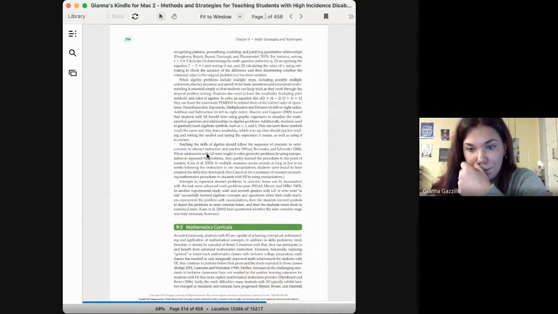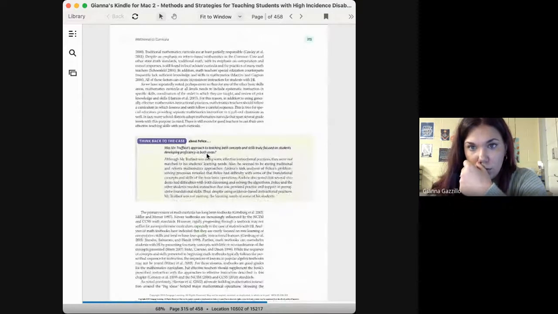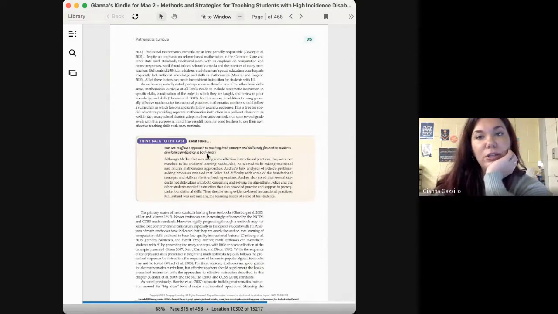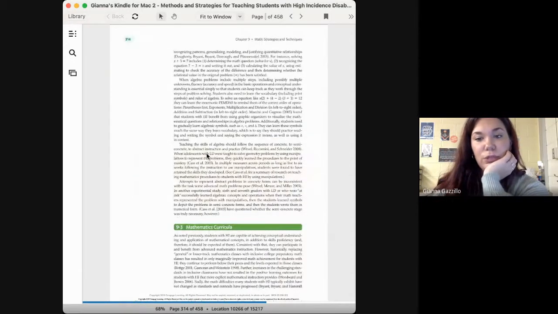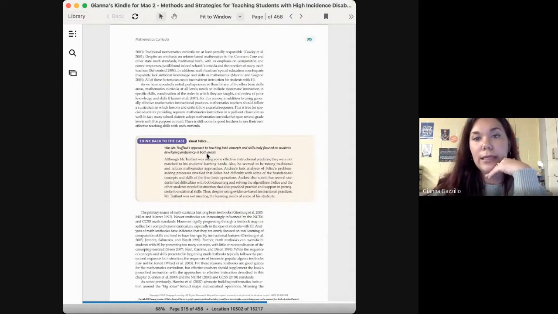But it says traditional mathematics curricula are at least partly responsible for the math difficulties that students with high incidence disabilities face, because as they progress, the gaps keep widening.